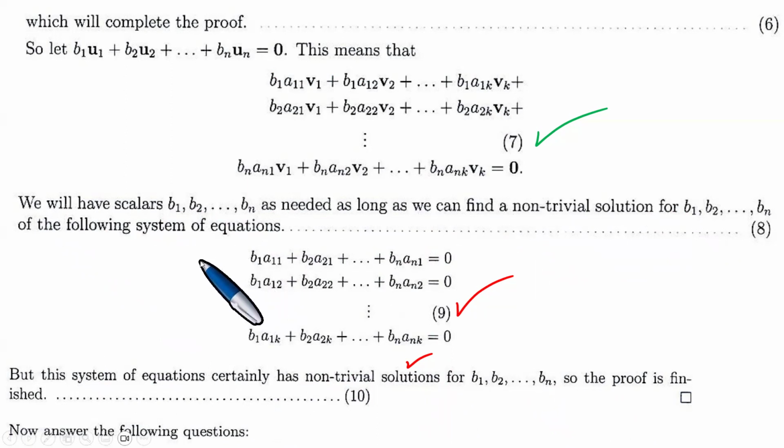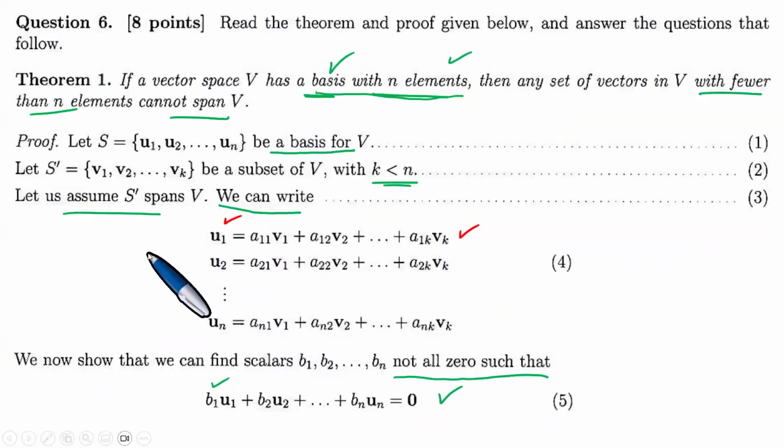But also, if you look at the fact that we made an assumption, we assumed S prime here when K is less than N. So we assumed that S prime is a subset of V with K less than N. And we then assumed that S prime spans V.